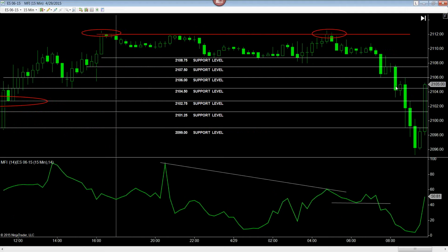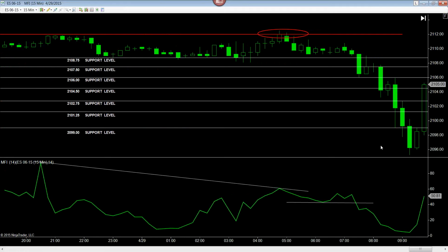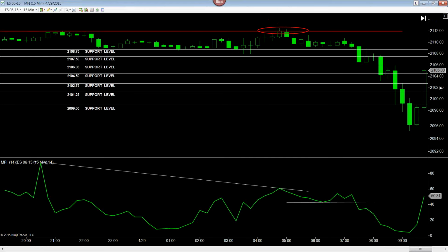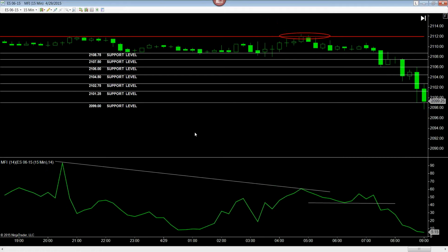Second move here, another move here, and the low all the way down to 2099. That is no coincidence whatsoever, because prices move in levels, because the smart money uses these levels to calculate in advance well-orchestrated moves, in this case to the downside.